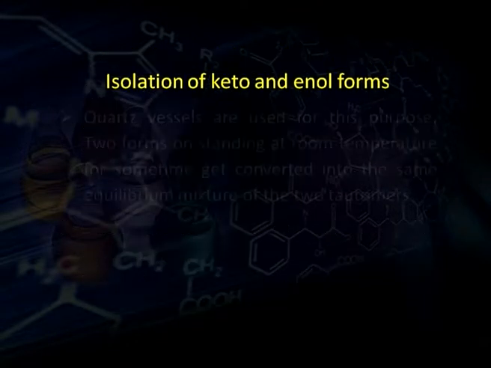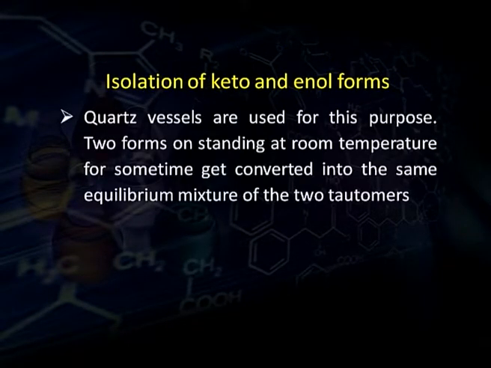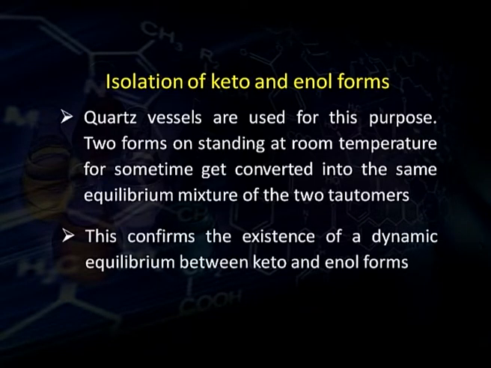So, quartz vessels were used for storing the two forms, but on standing at room temperature for some time, each form again gets converted into the equilibrium mixture. That confirms the existence of dynamic equilibrium between the keto form and the enol form.